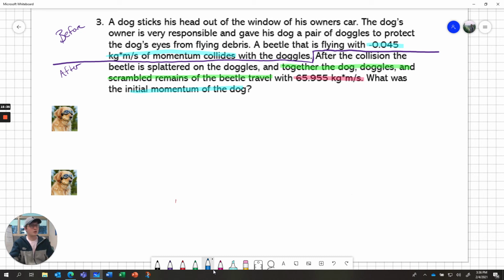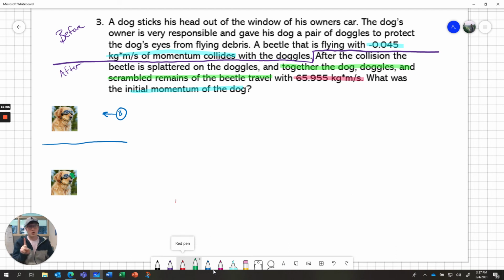But I do know that there is a beetle, and this beetle is traveling to the left. And I know that because its momentum is negative. And then afterwards, I know that the beetle splatters on the dog's face, and together, so I'll draw the bug's guts in green on the dog's goggles, not on its actual eye.